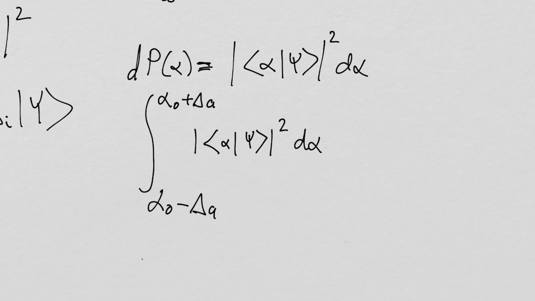Regardless, the chance of making a measurement where the range is centered at alpha 0 and extends delta alpha on both sides is this integral. You've got to integrate this wave function. I would have called it an inner product in our formalism, but notice how quickly I drop into the wave function language, because that's the language we all learned it in, and it's really efficient.